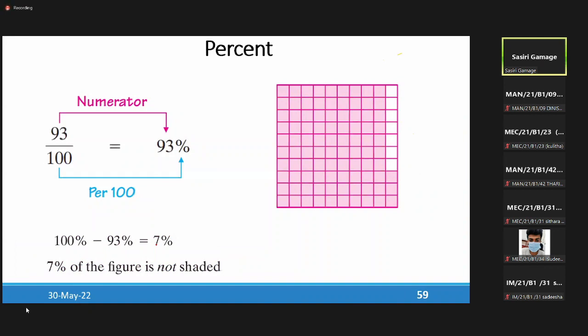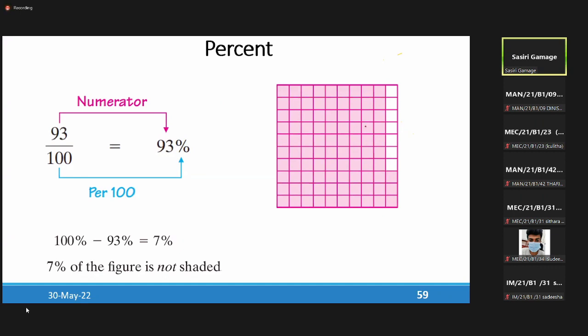Then to understand it more clearly, I got some figure here. You can see inside this rectangle we have 100 smaller rectangles.